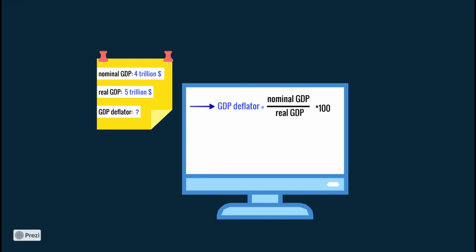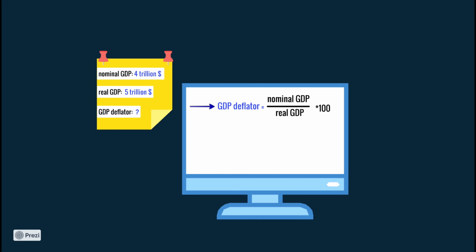The GDP deflator thus relates nominal GDP to real GDP in order to calculate the rate of price increases, that is, inflation. This works because, as explained, real GDP accounts for constant base year prices, while nominal GDP only considers current prices. By dividing nominal GDP by real GDP, we can calculate the change in prices.